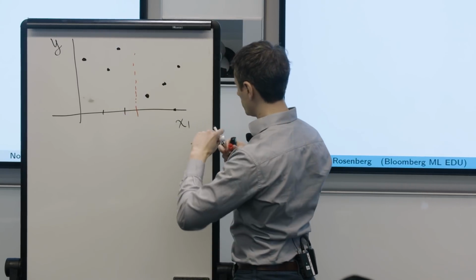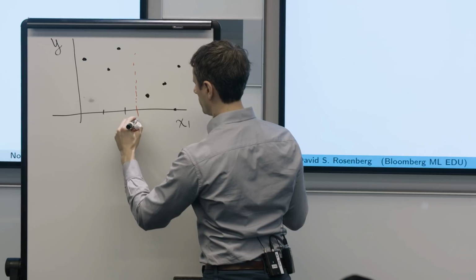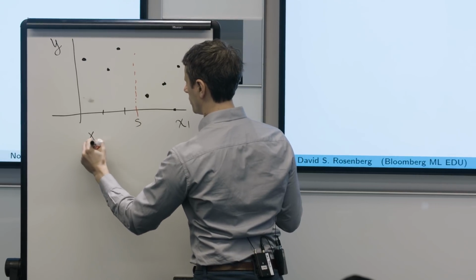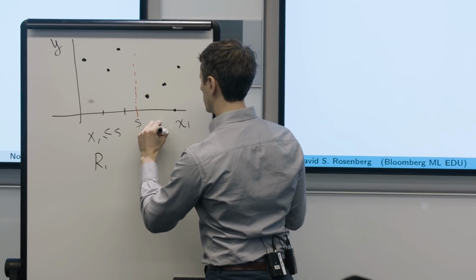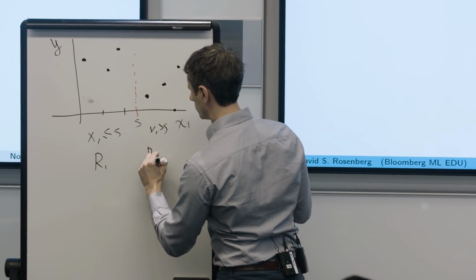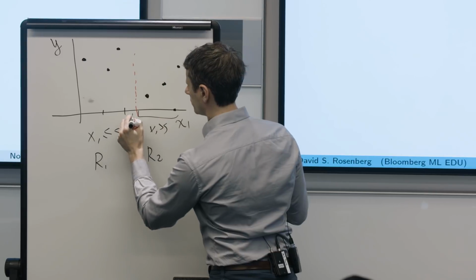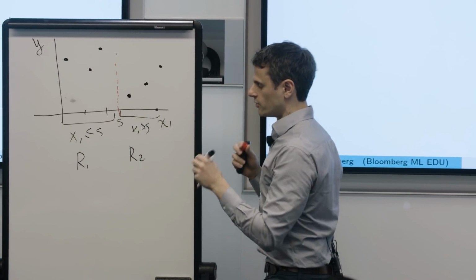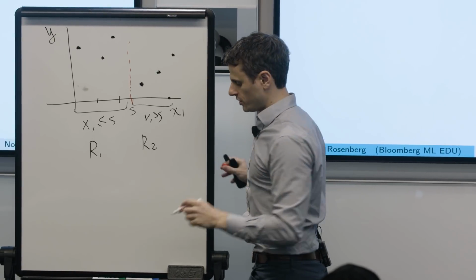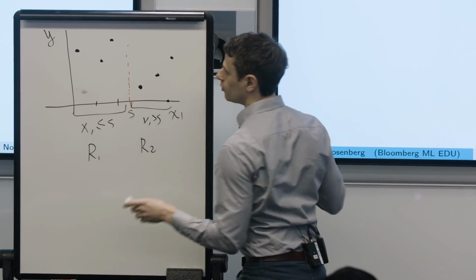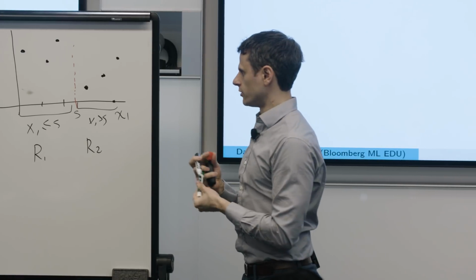Let's suppose this is s. Our two regions are x1 less than or equal to s, that's R1, and x1 greater than s, that's R2. Clear? Now, for each region, we get to choose a prediction. What shall I predict in region 1?